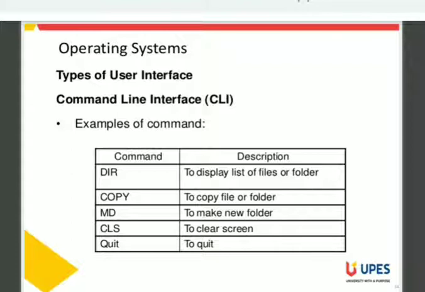The first is the dir command, which displays a list of files or folders. The next is the copy command, used to copy a file or a folder. The md command is used to make a new folder. The clc command is used to clear the screen. And the last one is quit. This command is used to quit the job.